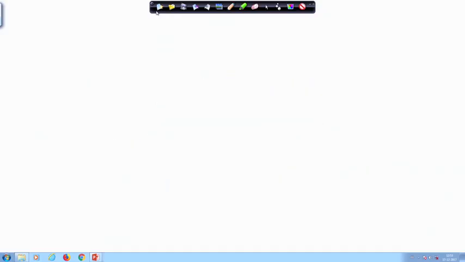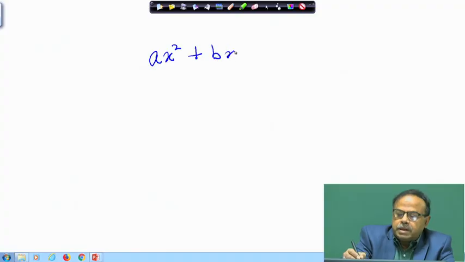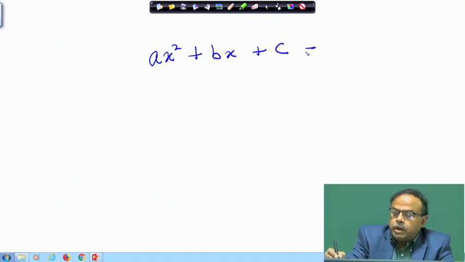Now, I want to write a generalized program for finding the roots of ax square plus bx plus c equal to 0.